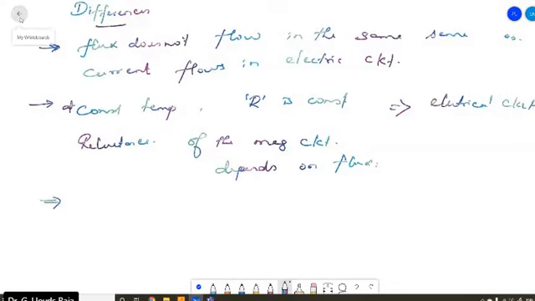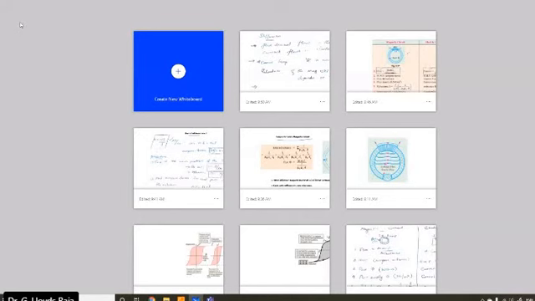So these are some of the differences that you must note. So let us discuss one couple of more concepts.